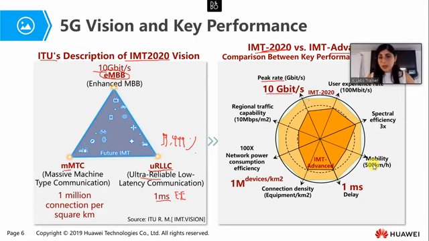So in this image, basically the yellow part is the 5G, while the orange part is the 4G KPI. So for the peak rate, 5G can reach 10 gigabit per second, actually also 20 gigabit per second in downlink. While 4G allows us to reach 1 gigabit per second.